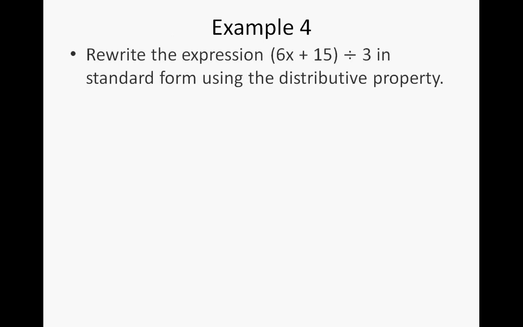Okay, example 4. Rewrite the expression 6x plus 15 divided by 3 in standard form using the distributive property. Well, that means in order to use the distributive property, we have to change division into multiplication, because there is no distributive property for division.